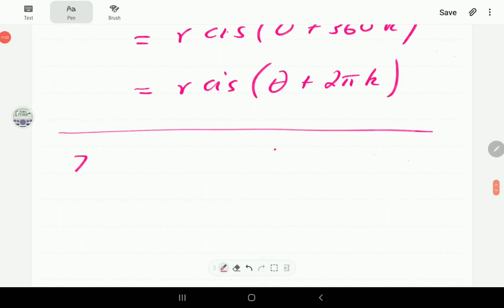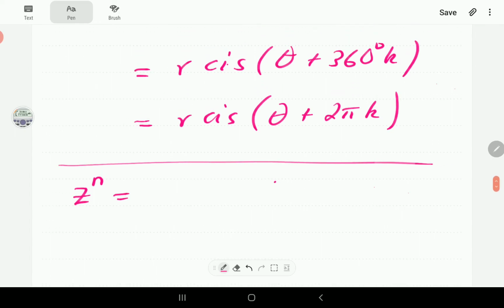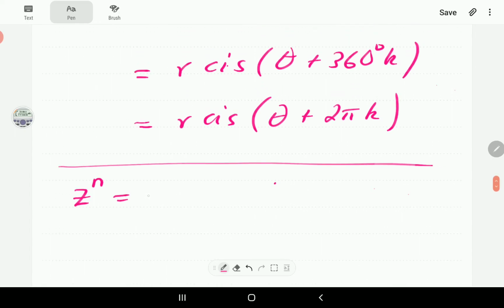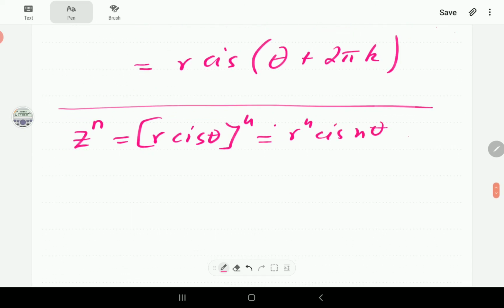Remember, for De Moivre's theorem, we said z to the power n, which is equal to r cis theta to the power n, is r to the power n cis n theta. So we raise r to the power n, and we multiply the argument by n.